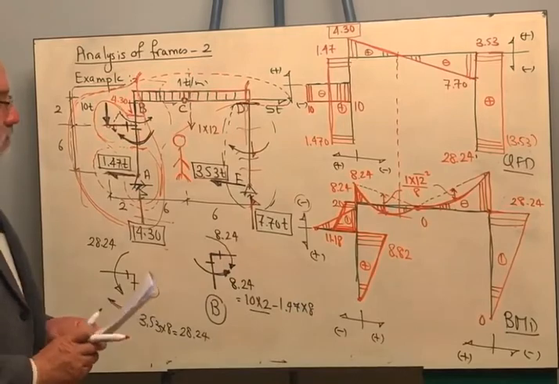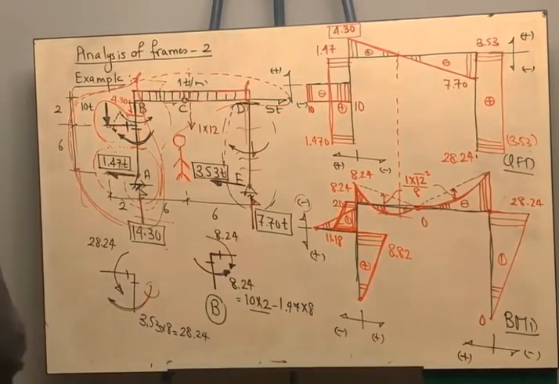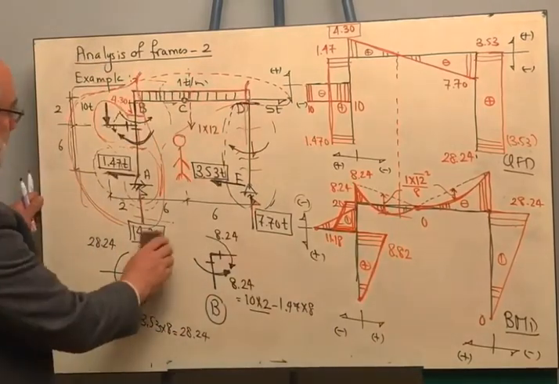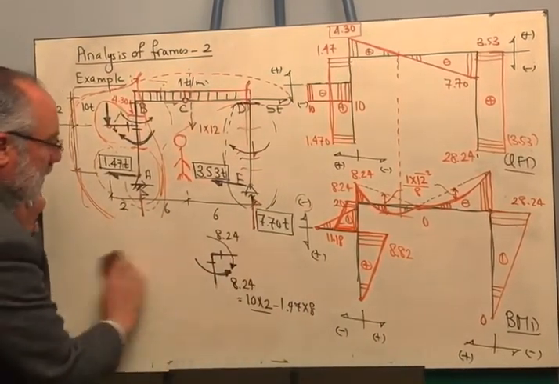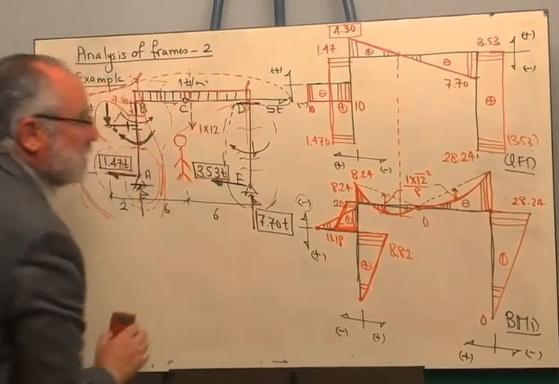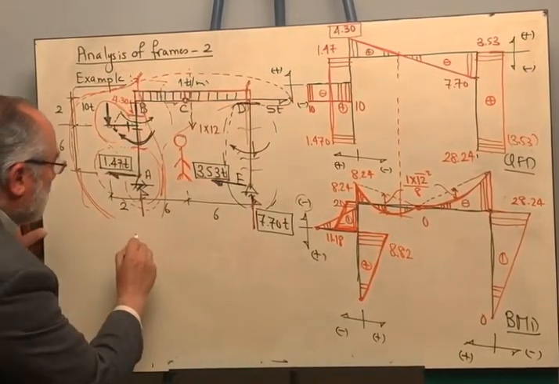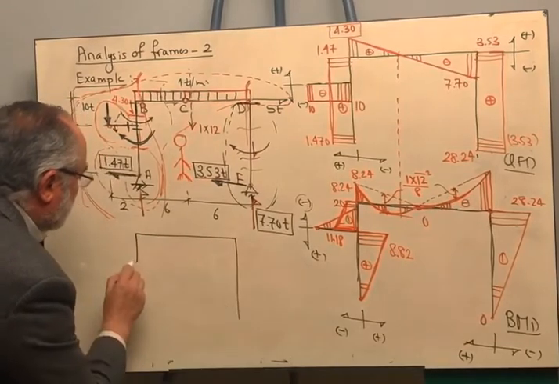What does this diagram tell us? If you want to plot the cracked side and investigate the shape of reinforcement here. Now, this frame is something like this.